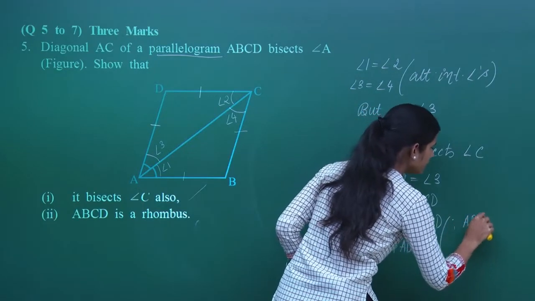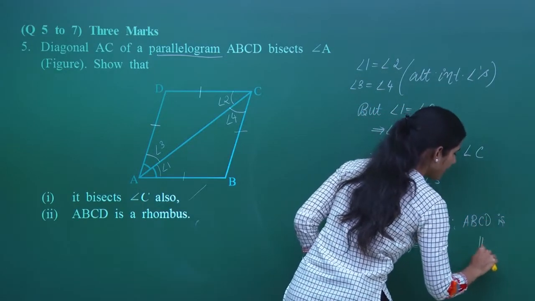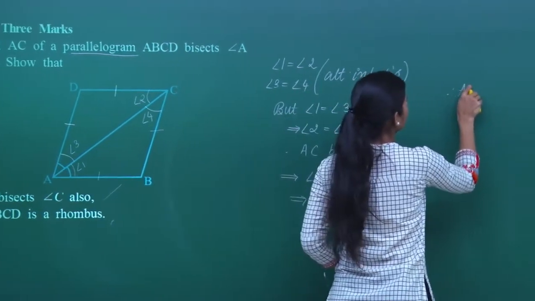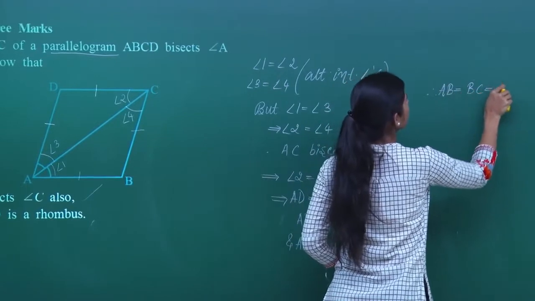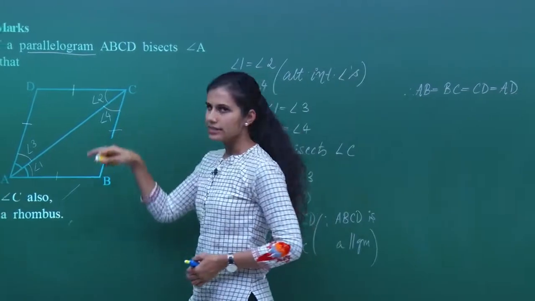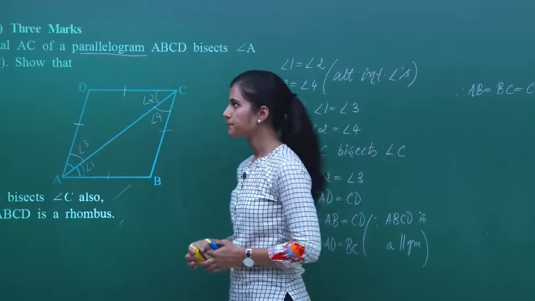Since ABCD is a parallelogram, therefore AB is same as BC is same as CD is same as AD, and a parallelogram in which all sides are of equal measure is a rhombus.